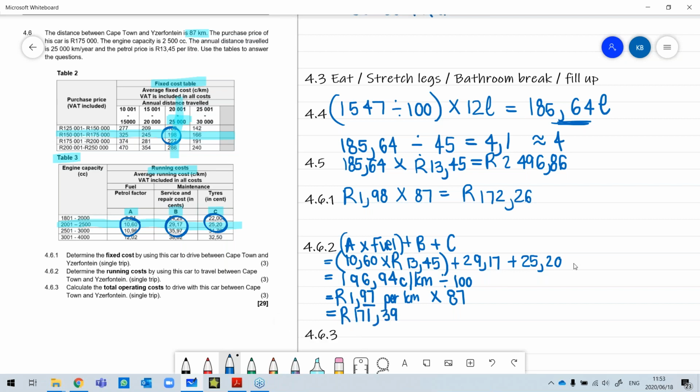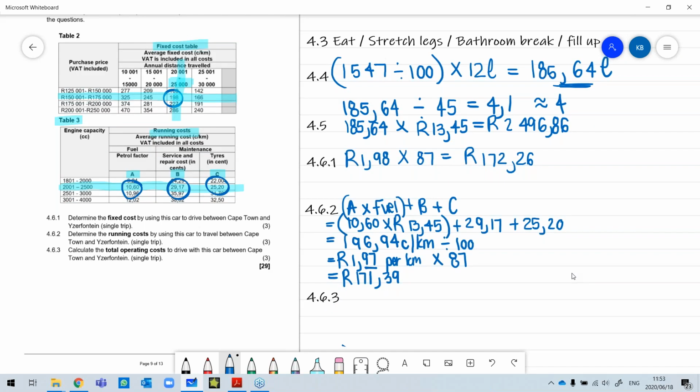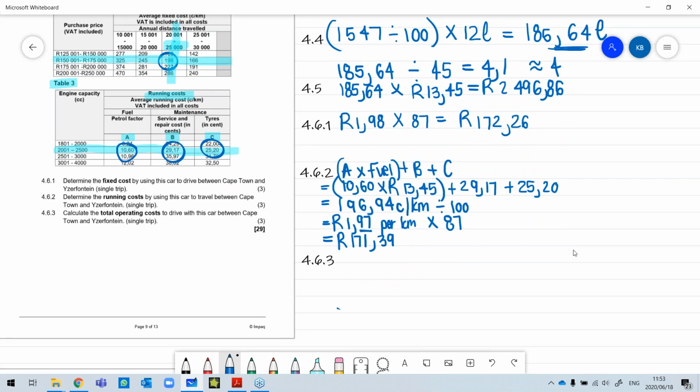Now, our last question, question 4.6.3, calculate the total operating cost. So the total operating cost is your fixed cost plus your running cost. And we've just calculated those two values in the previous questions.